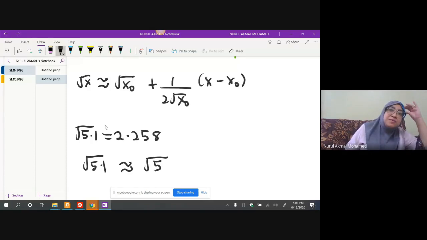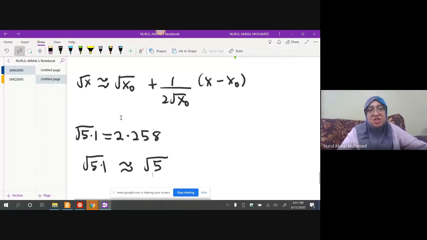This is not okay because we don't know the value of the square root of 5. I think that you better change to, let's say, 4.1. Can we change to 4.1?